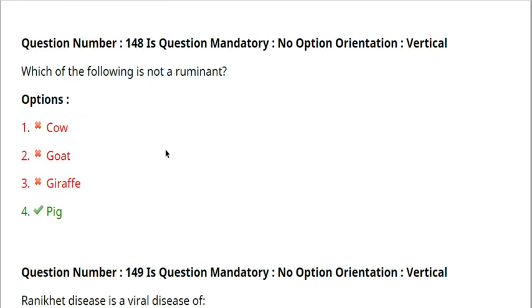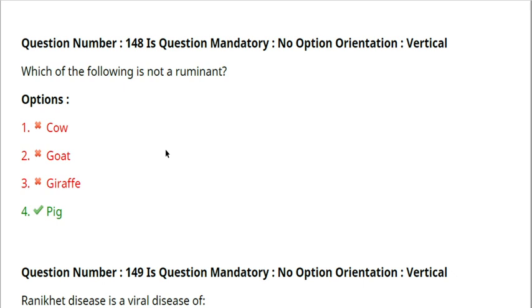Which of the following is not a ruminant? So you should know the difference between a ruminant animal and a non-ruminant animal. A ruminant animal is generally herbivore in nature, whereas a non-ruminant animal will be carnivore or omnivore. Herbivores have a stomach made up of 4 compartments, whereas a non-ruminant animal has only a single compartment, friends.